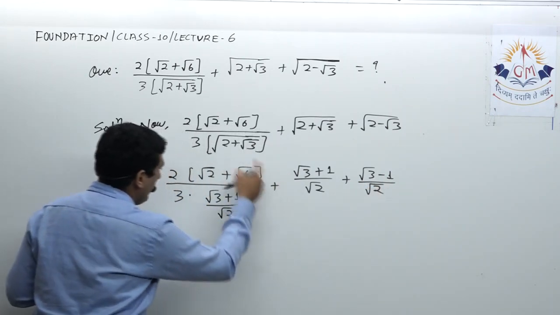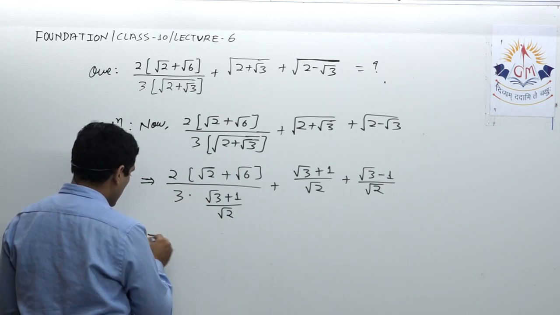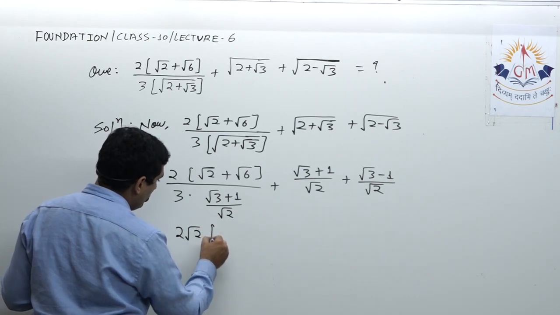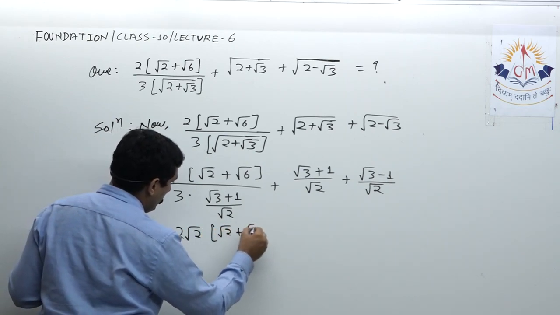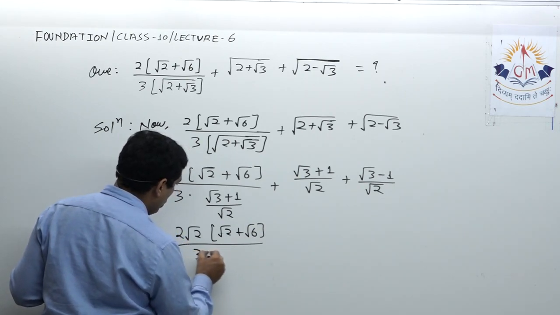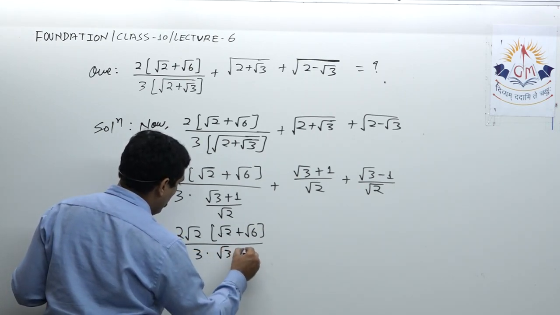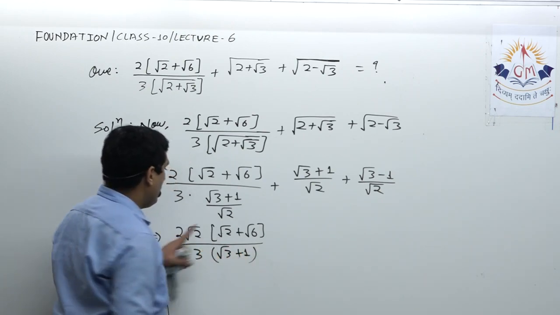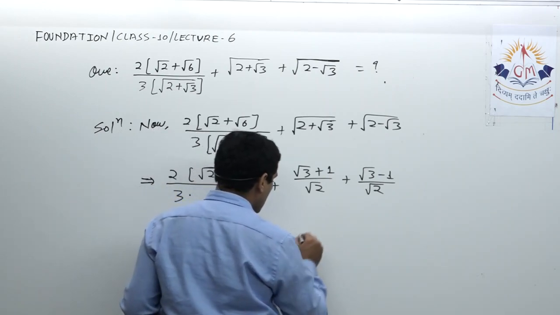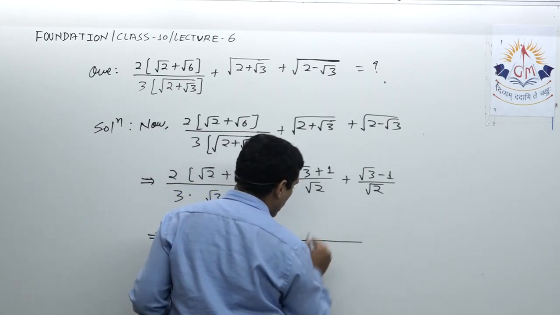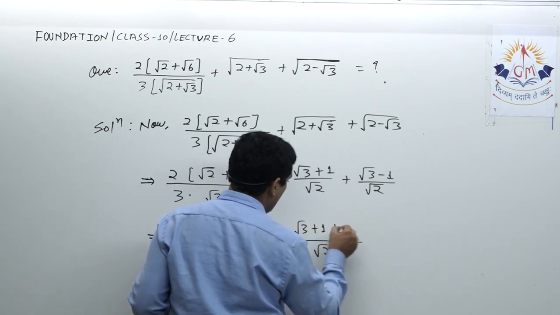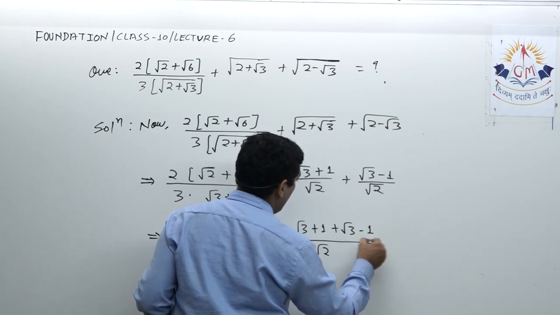Now root 2 I can take in the numerator, so this will be 2 into root 2 plus root 6 upon 3 into root 3 plus 1. Simply I took this root 2 in the numerator. Now over here I won't say LCM, but yes, the denominators are the same, so here I can write root 3 plus 1 plus root 3 minus 1.